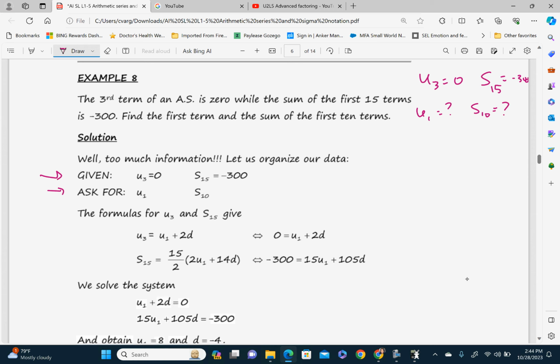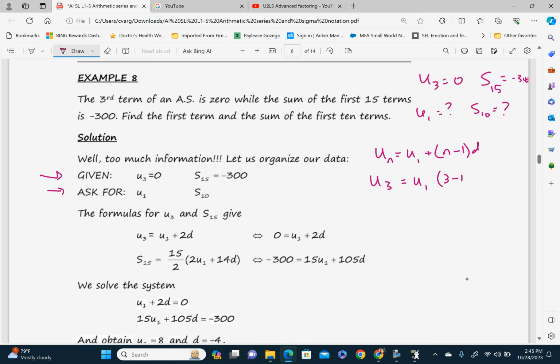So we know that the third term, remember this formula, Un is equal to U1 plus (n minus 1)d. So we know that our first term is something that we're looking for, so we don't know our U1. N minus 1, we're looking for the third term, so U3.